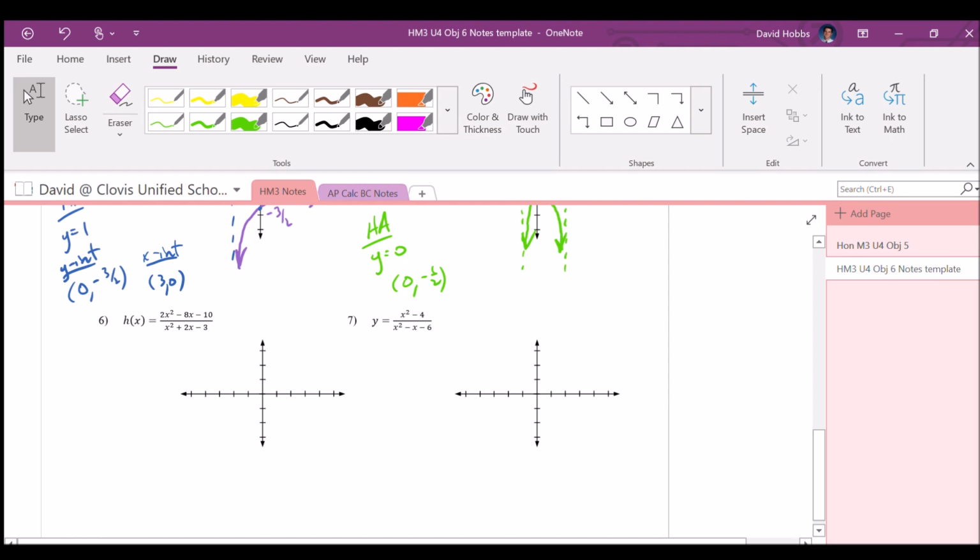So number 6, so we want to get it in factored form. Okay, so x plus 3, x minus 1 it looks like. And GCF of 2. Kind of cramped for space. Of course, I did it to myself. I'm left with x squared minus 2x minus 5. That actually is not going to factor anymore.